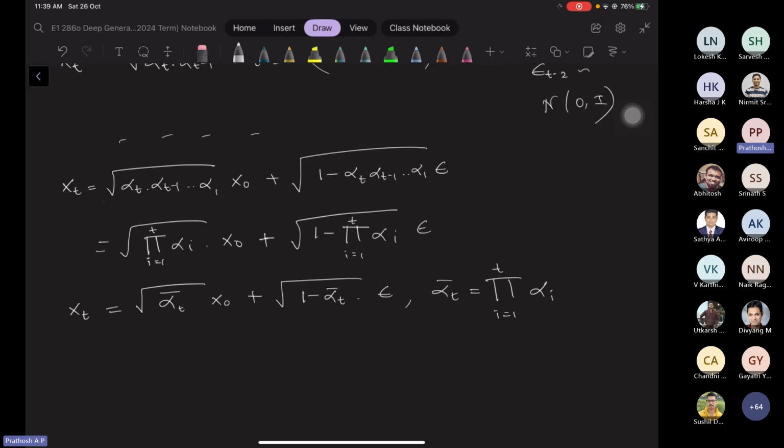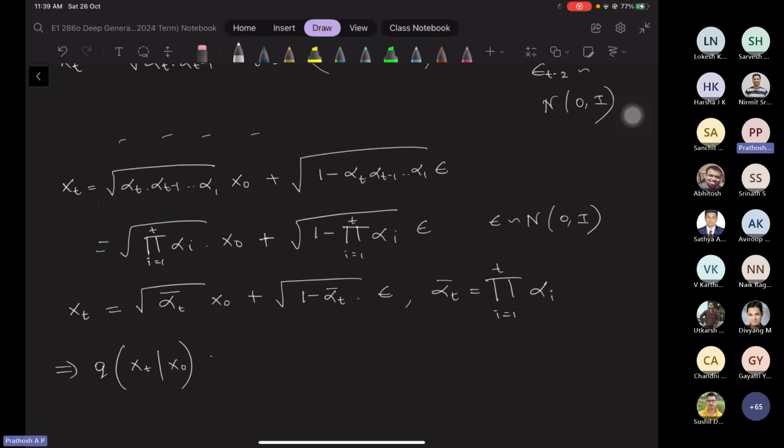So now what does this actually mean? Let me write it as a distribution and also interpret it, where epsilon is normal 0, 1. So this implies that we have q of xt given x naught. What is this?